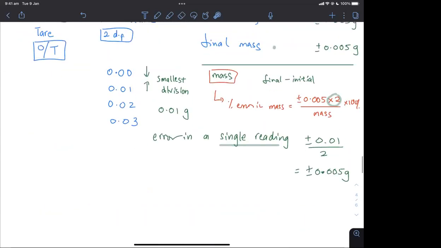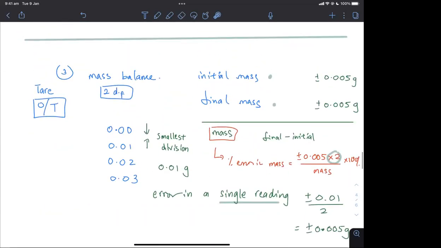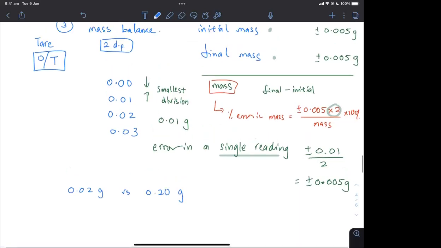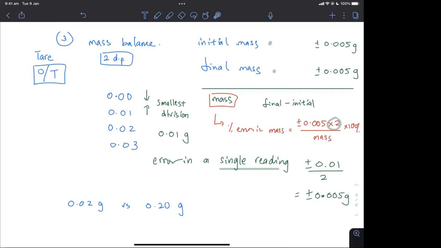Now, if you go back to mass, so people say, oh, I don't want to waste chemicals, so I can use 0.02 gram versus 0.20 gram. Okay, I can use this as the mass of the solid I'm going to react. Which one is going to give me a bigger percentage error in mass? 0.02 or 0.20?